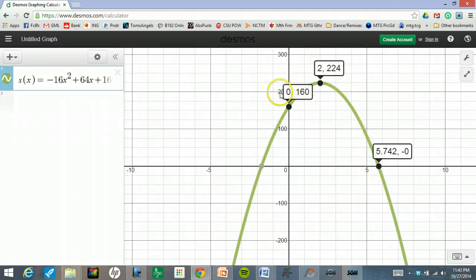There's your key features of a quadratic: the y-intercept, the vertex, and one of the zeros. But in the context of this problem, 0, 160 represents the height of the ball initially. 224 represents at 2 seconds the ball reaches its maximum height of 224 feet. And the 0 here represents the amount of time it takes for the ball to hit the ground.